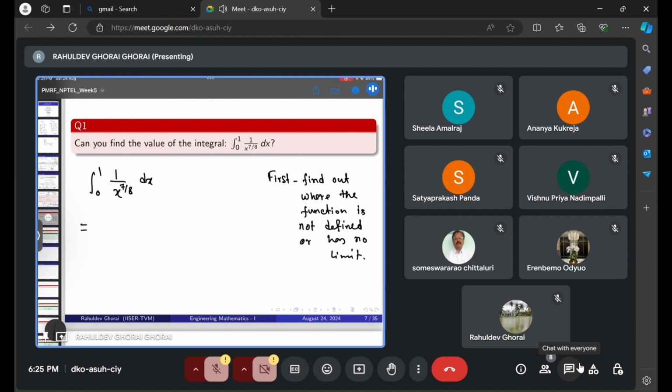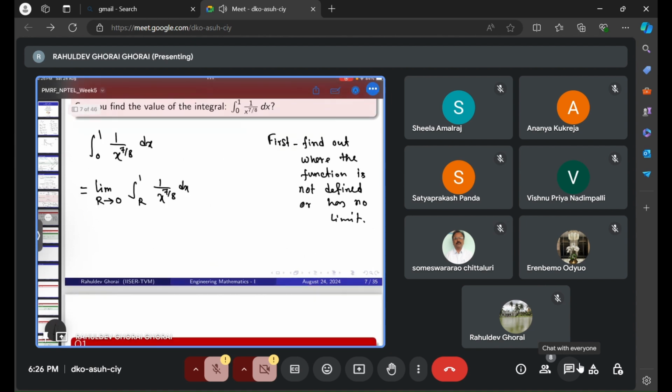At 0 it is diverging. So we take the limit as, let's say, r tends to 0, of the integral from r to 1 of 1 over x to the power 7 over 8 dx. That gives you limit as r tends to 0, and this integration will be x to the power minus 7 over 8 plus 1, over minus 7 over 8 plus 1.